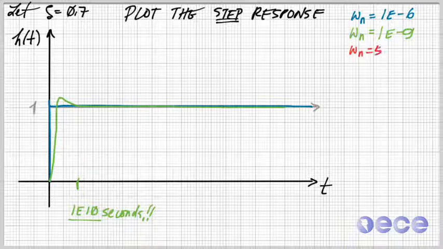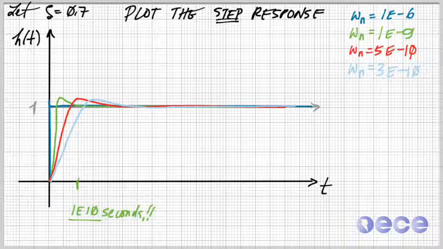What if I now choose omega n of half of that, so 5 times 10 to the minus 10th? I get a response that takes just about twice as long to peak, but takes a little bit longer to decay. I can do the same thing for about half of that value, and now I'm looking at a quarter of the original omega n, 1 times 10 to the minus 9th.